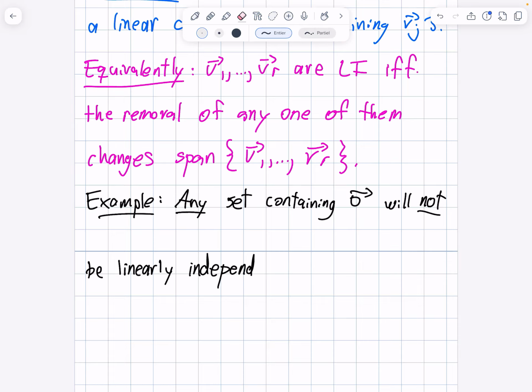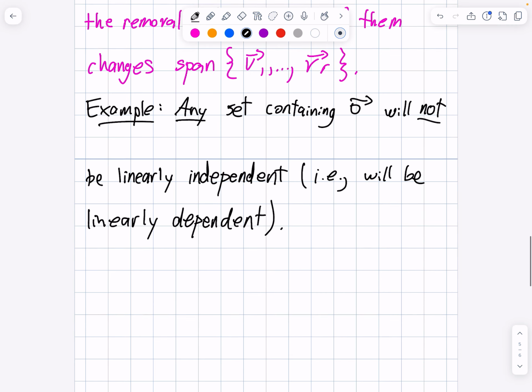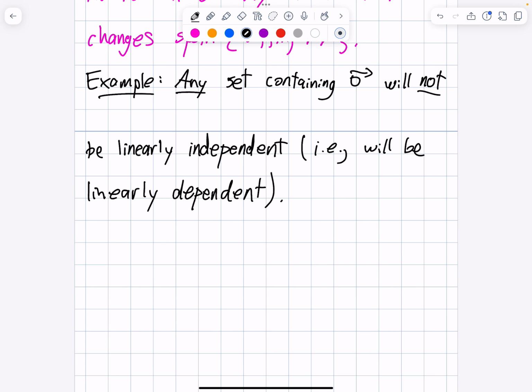Okay, and so any set containing 0 will not be linearly independent, and so you might have guessed, another way of saying this is linearly dependent. So, i.e., it will be linearly dependent. Okay, so that's good.